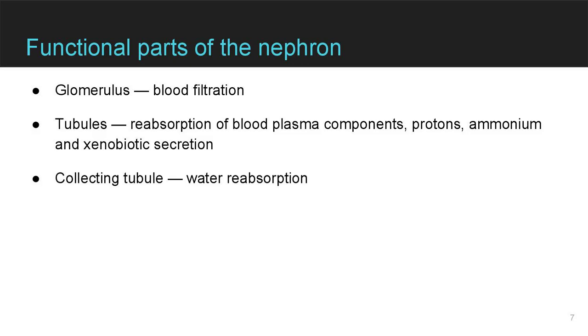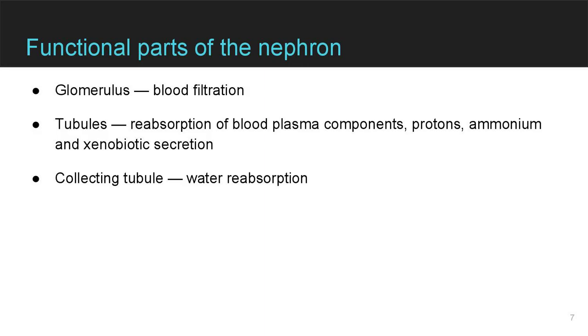That means that after filtration, some small molecules like glucose, maybe some ions, like amino acids, were filtered into tubules, but they are very useful, and our kidneys have to reabsorb them into blood.